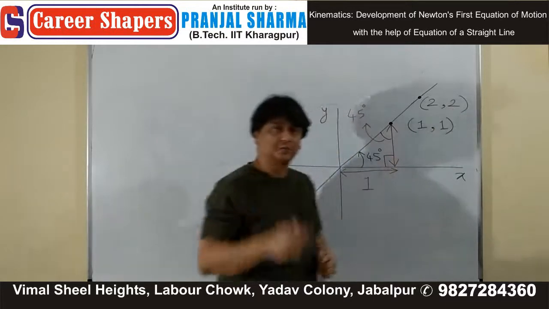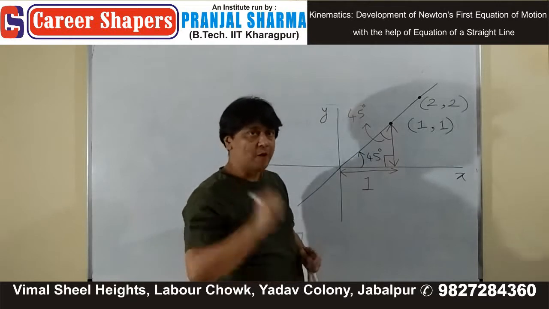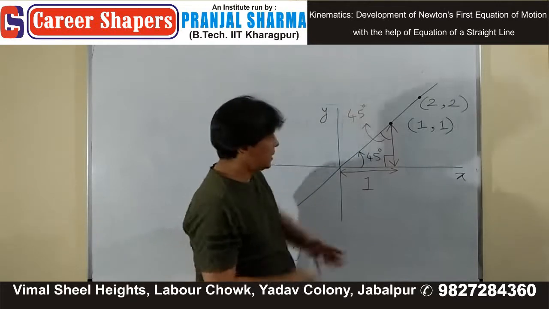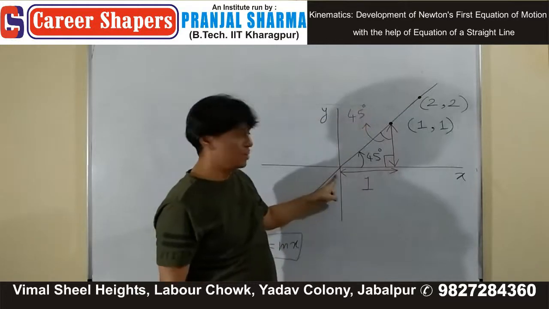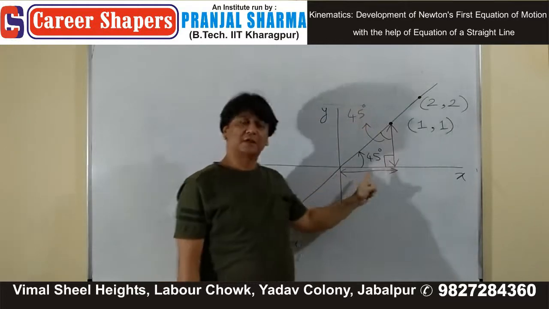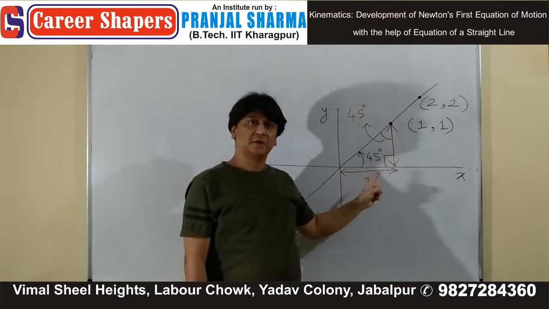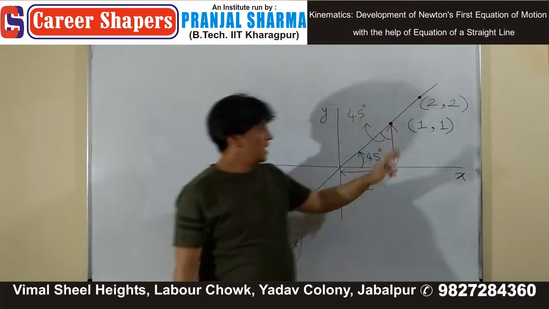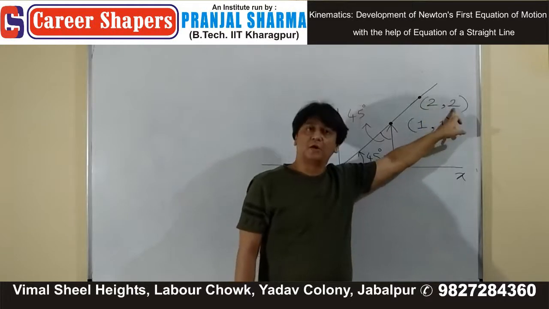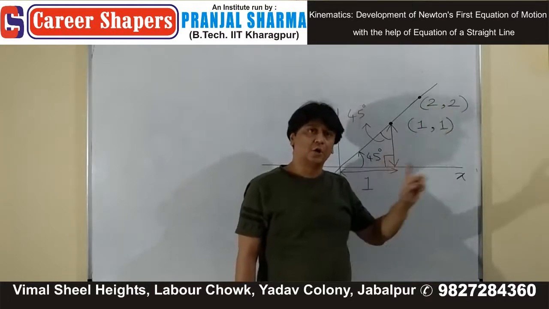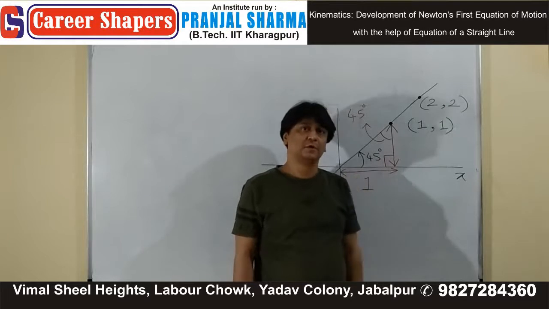So what have you observed so far? You have observed one thing. If you take a line which passes from origin and makes an angle of 45 degrees, then x and y coordinates, they are always same.